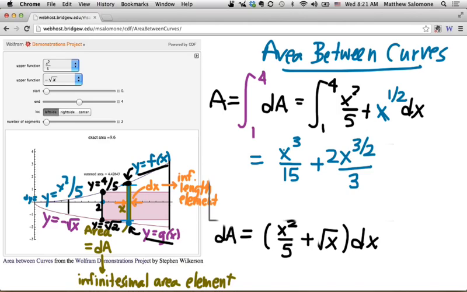And then to finish, all we have to do is evaluate that antiderivative at 4 and at 1, and subtract the results. Anyone know what 4 cubed is off the top of their head? 64, great. 64 over 15. Plus, what's 4 to the 3 halves, by the way?